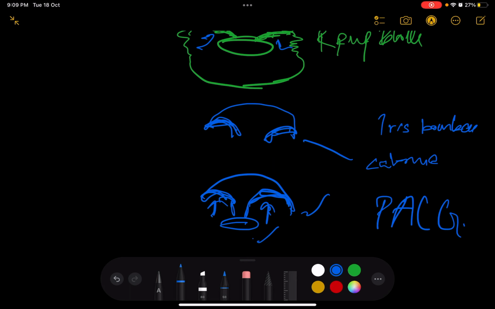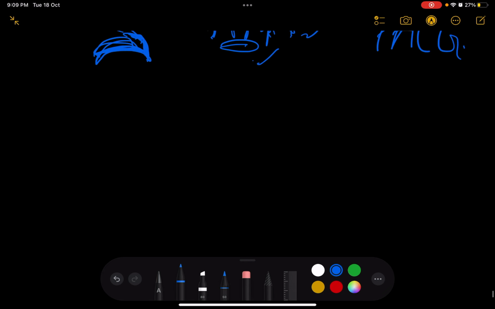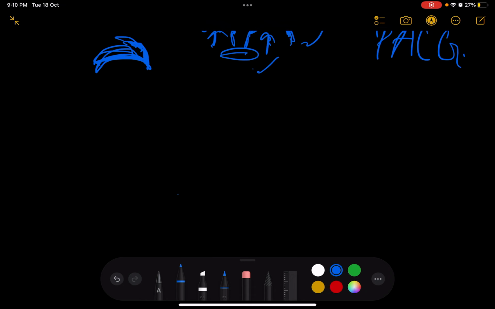There's going to be an irido-trabecular contact. ITC contact basically means that the iris is in contact with the trabecular meshwork, and is also in contact with the cornea. So irido-trabecular contact. Let me make a good enough diagram. This is the iris.